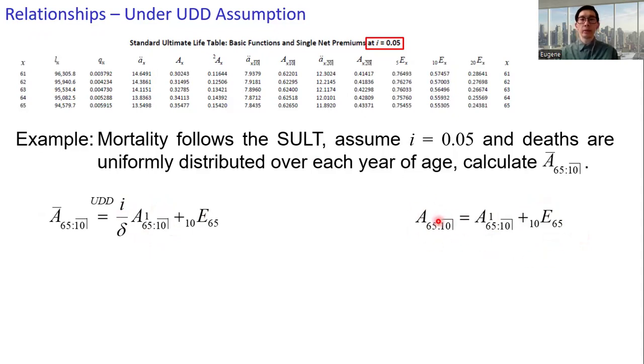We can get the value for the 10-year endowment insurance along this column, 0.6265, and 10E65 is given as 0.55305.